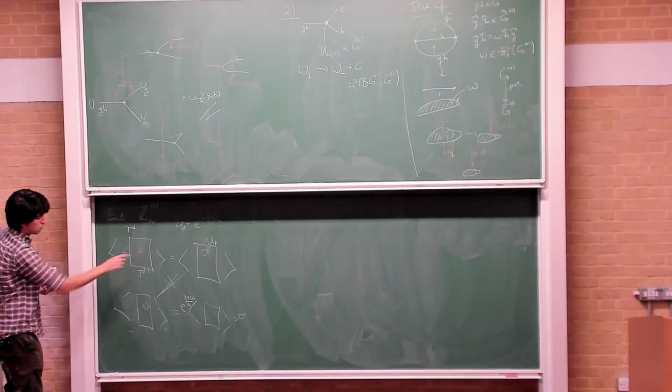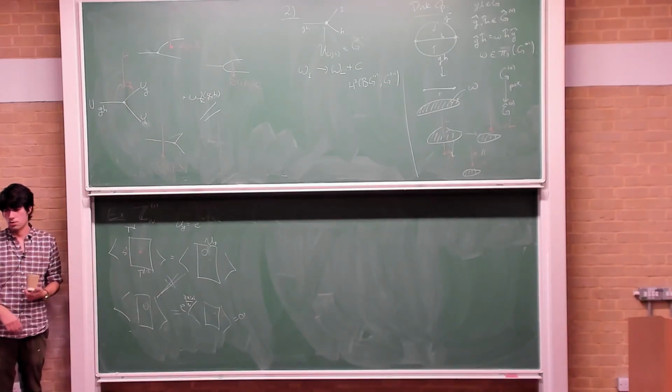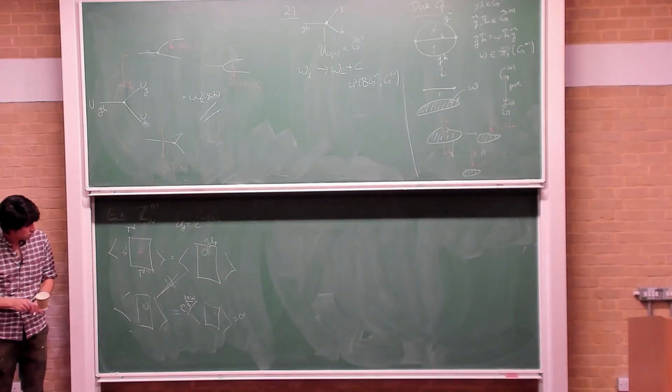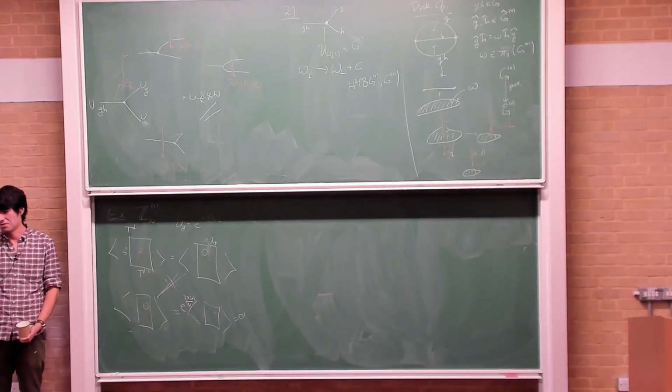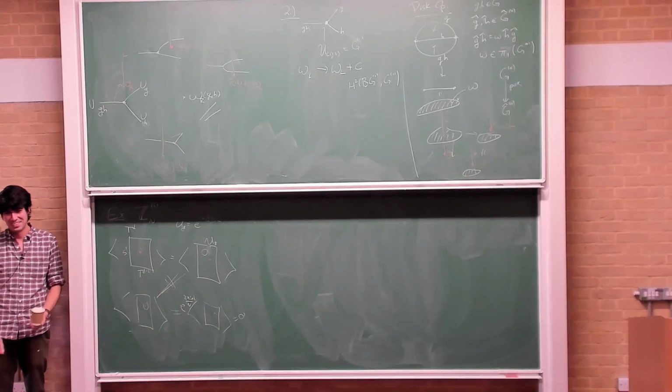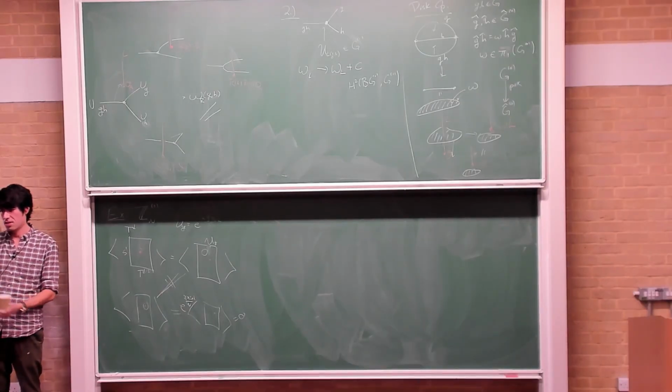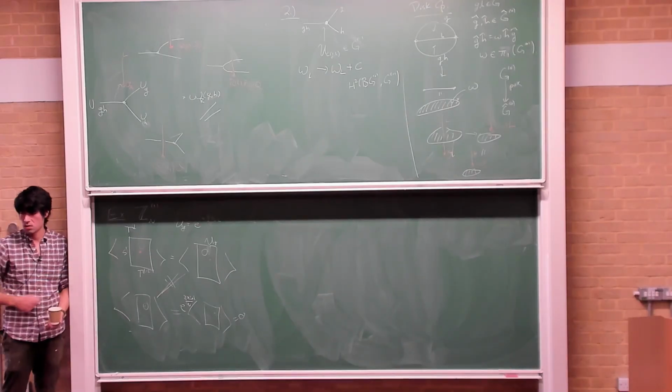This one I want to be wrapping the torus. I'm just trying to draw a slice of this circle. Essentially I want it to be wrapping some S1 that I just didn't draw, because if it wasn't wrapping some non-contractible cycle, then you could contract it, and this would not hold.